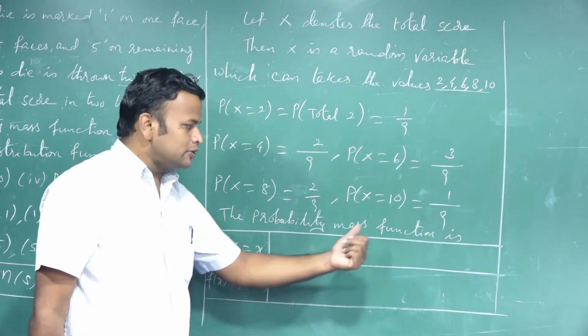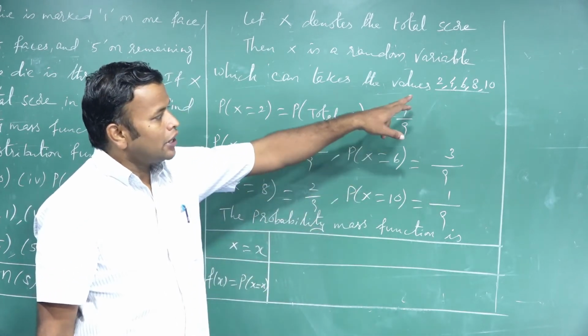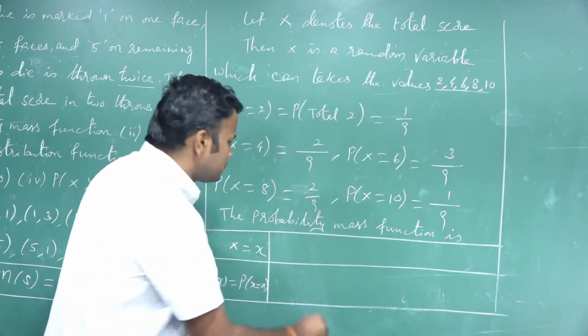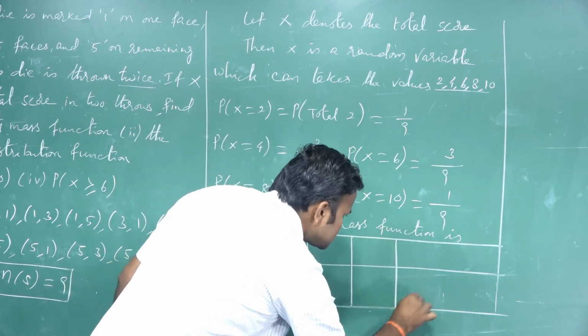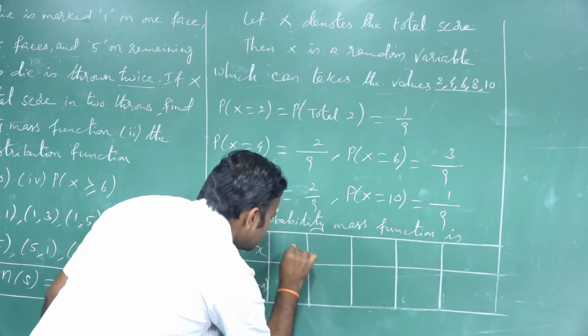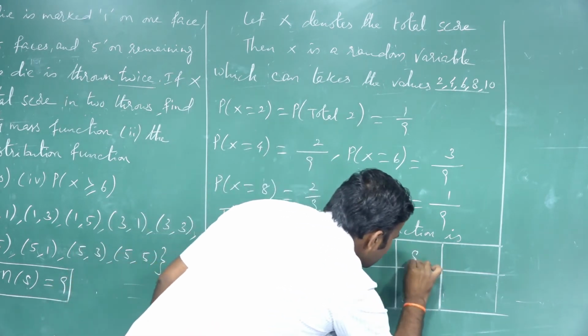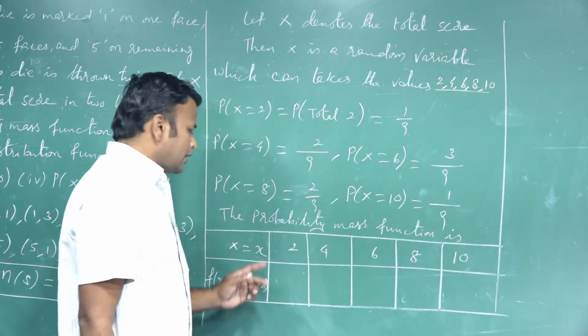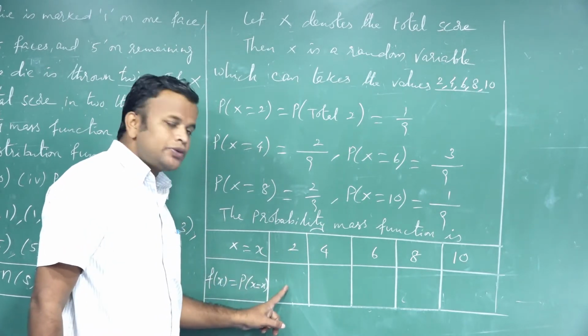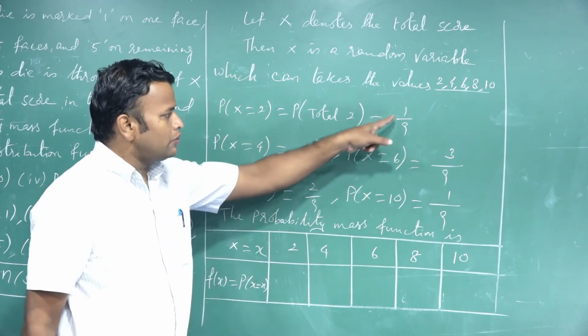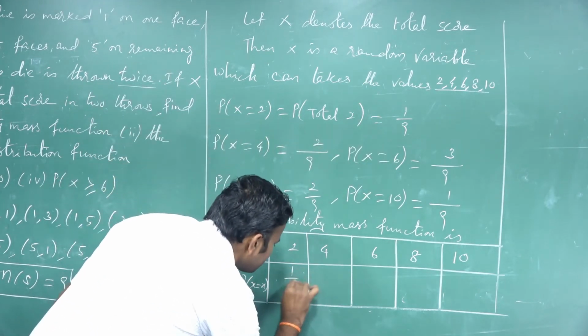Next, you write the values of the random variable: 2, 4, 6, 8 and 10. When x is 2, the probability value is 1 by 9.